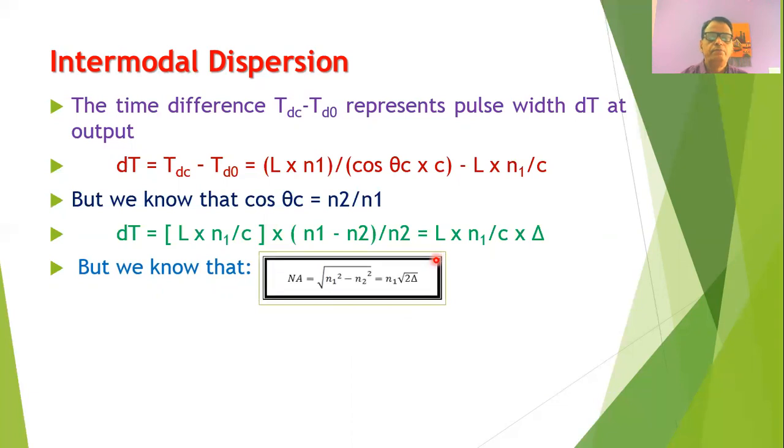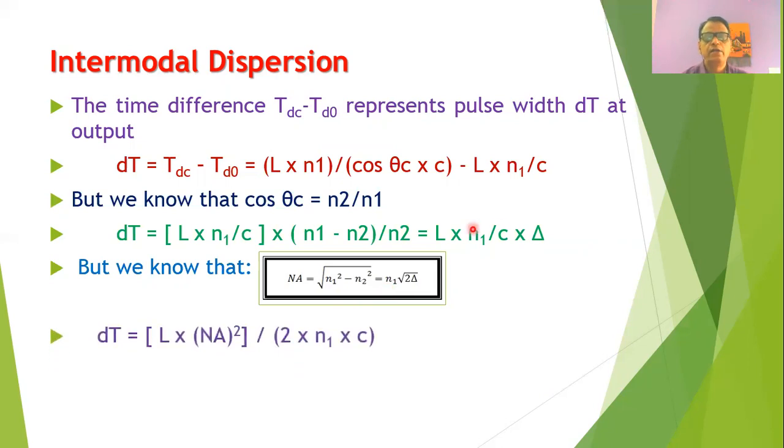But we know that the numerical aperture for the optical fiber can be given in terms of the symmetrical difference delta, and the numerical aperture can be written as under root N1 square minus N2 square, which is nothing but N1 into under root twice delta.